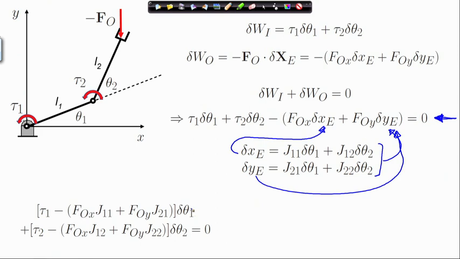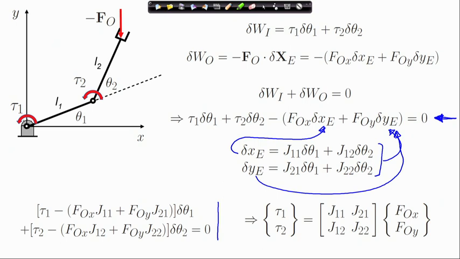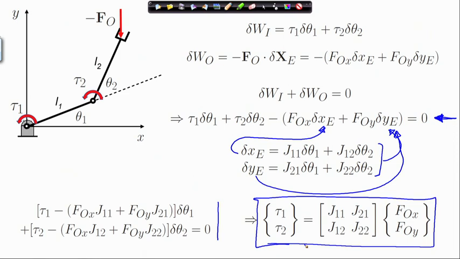Then we collect terms of delta theta 1 and delta theta 2 to obtain this relation, which can be easily done. And finally, when we assemble, we obtain this relation between the joint torques on one hand and the output forces on the other.